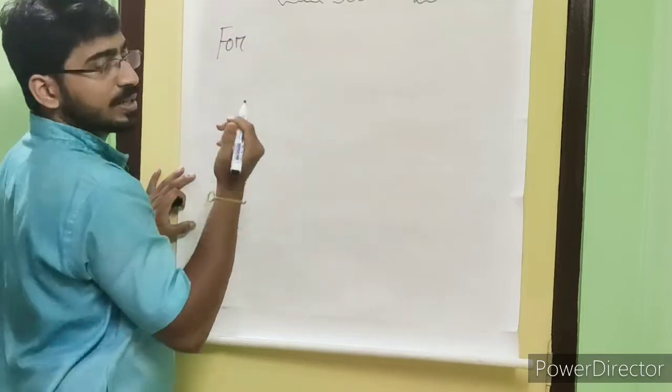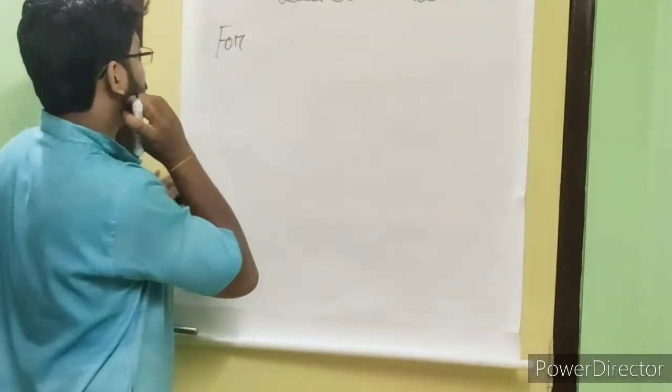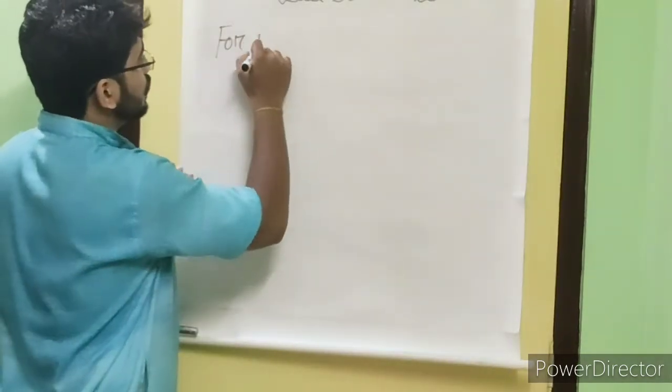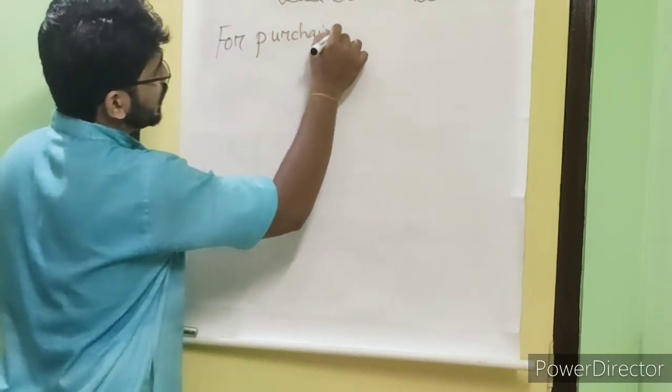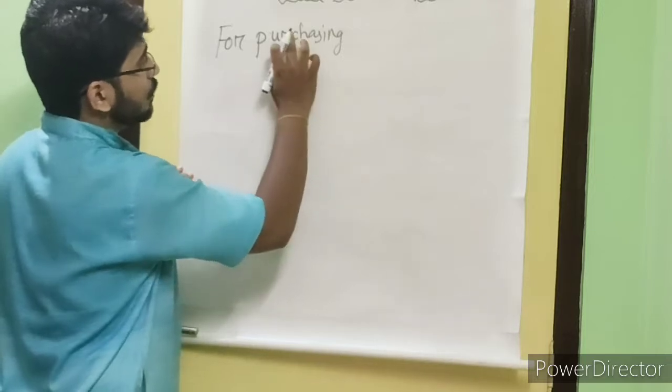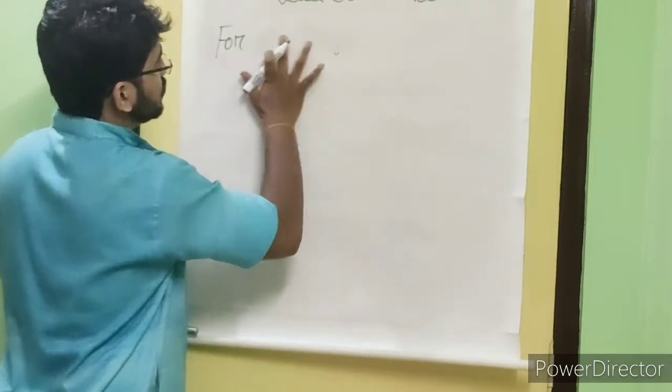Here you need to practice a little bit because I am writing the thing for, I am giving a word here, I am writing a word, you need to write for purchasing. Okay, I am clearing it.